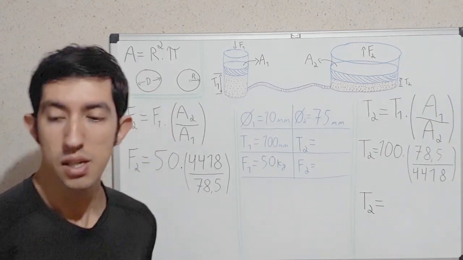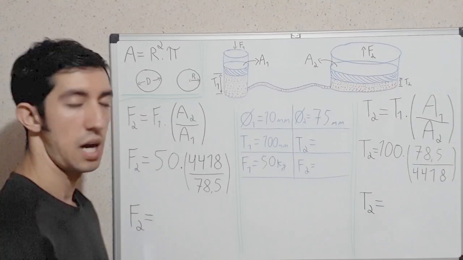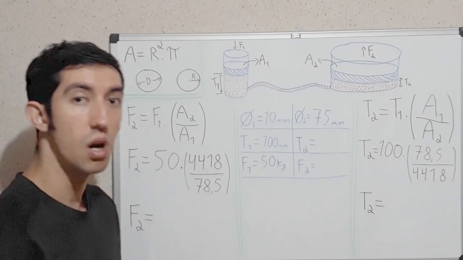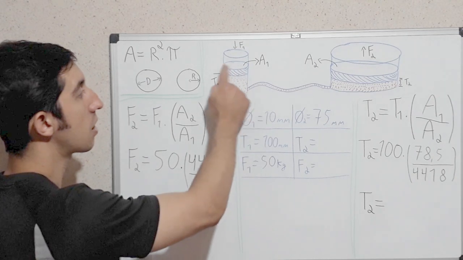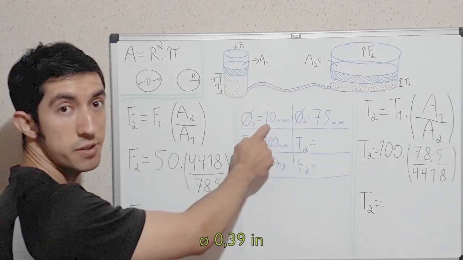As we can see in this drawing, we're going to base this explanation on this drawing. It's a car jack to lift to change the tire. I put here some information that we know. The diameter of this first cylinder is 10 millimeters.